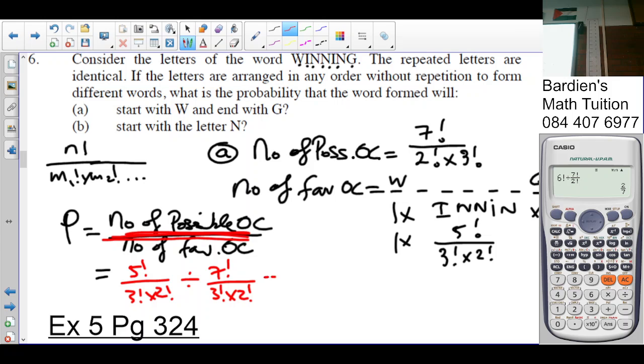Check if that's correct. One over 504. So they're again leaving this out here.